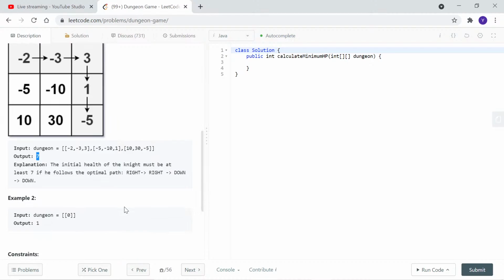The second example is that there is only one cell in the grid, and the value is 0. So the output will be 1, because minimally he needs 1 energy so that he will not die at the cell.